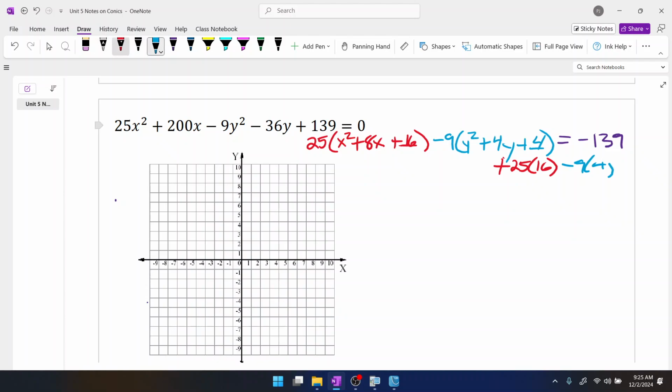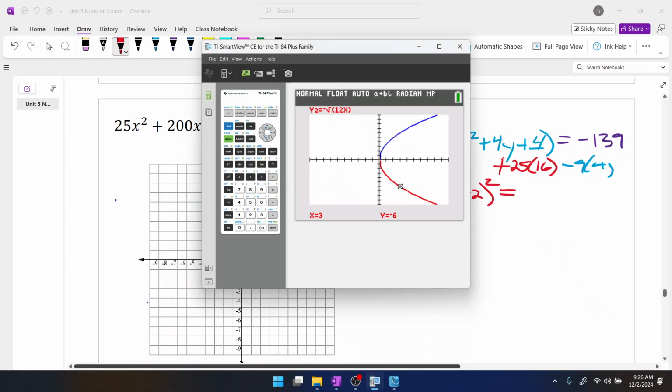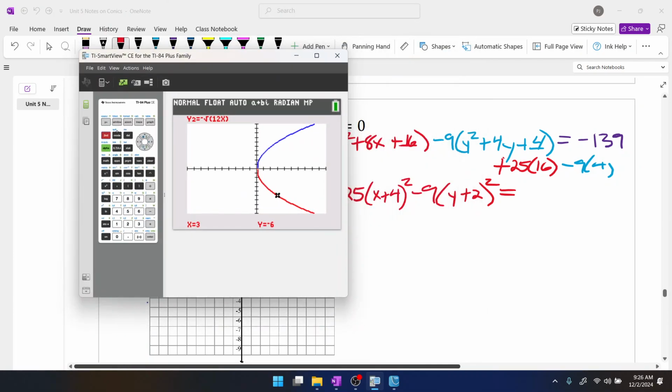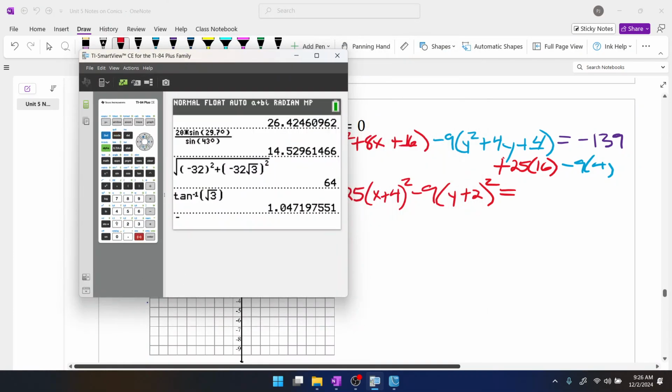But nonetheless, it's going to be 25 times x plus 4 quantity squared minus 9 times y plus 2 quantity squared equal to whatever this mess is. Not really a mess, but you have negative 139 plus 25 times 16 minus 9 times 4, or 36.